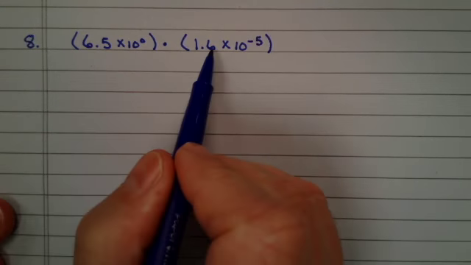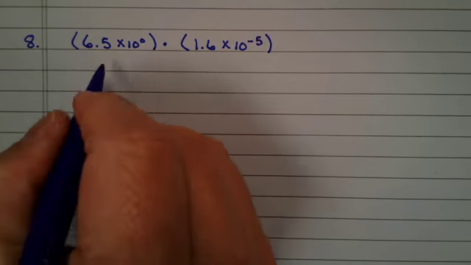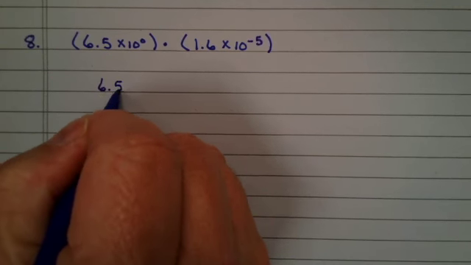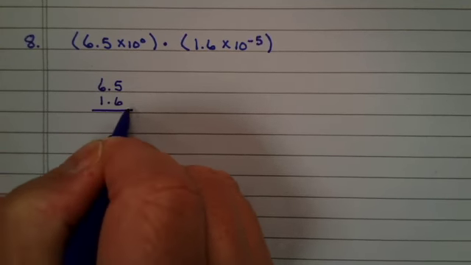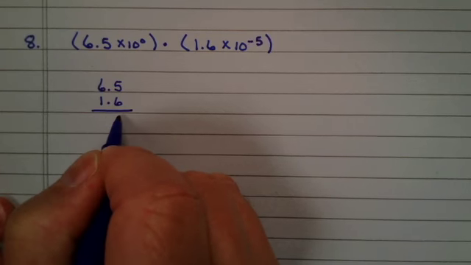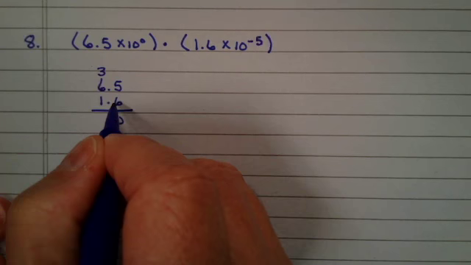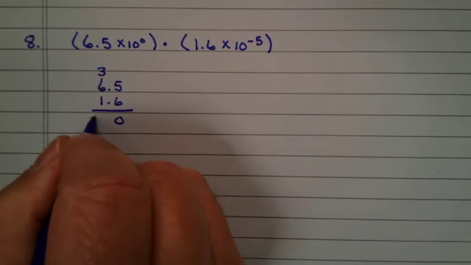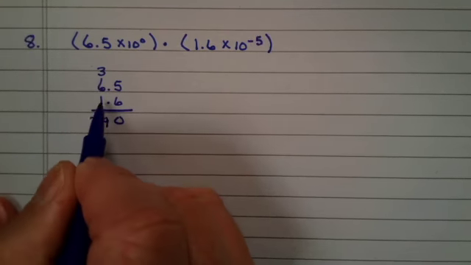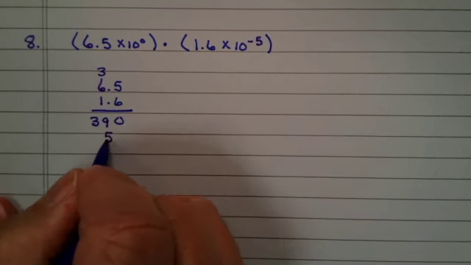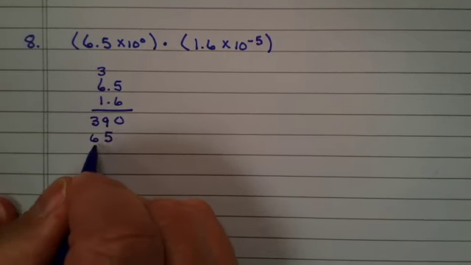Example number 8. Again, I need to multiply these together right here. So 6.5 times 1.6. 6 times 5 is 30. Carry the 3. 6 times 6 is 36. Plus 3, 39. 1 times 5 is 5. 1 times 6 is 6.